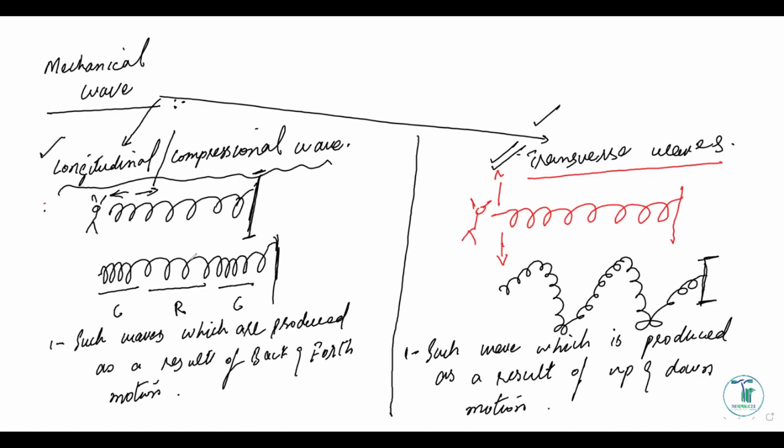We can define them in one more way, and that way is, remember, the wave which consists of a series of compressions and rarefactions. Such a wave which consists of a series of compressions and rarefactions is known as a longitudinal or compressional wave.